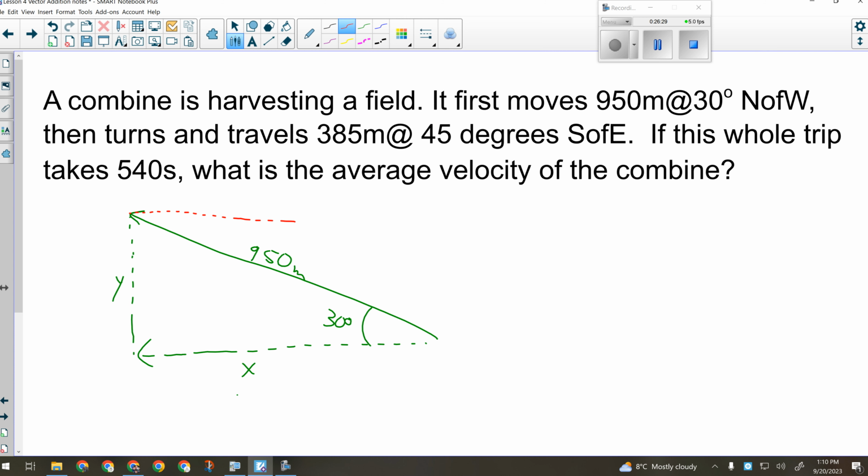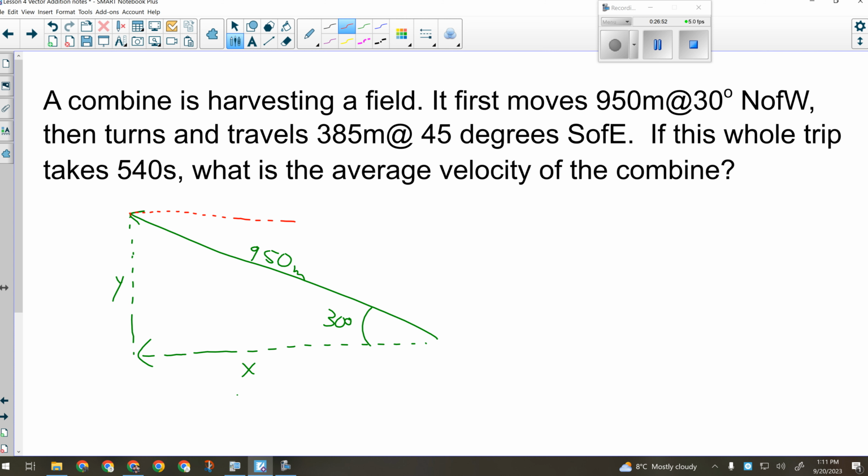So my 45 degree angle should go a little bit below this line. And how long should it be compared to the green line? A lot shorter. It's way less than half as long: one's 950, the other is 385.